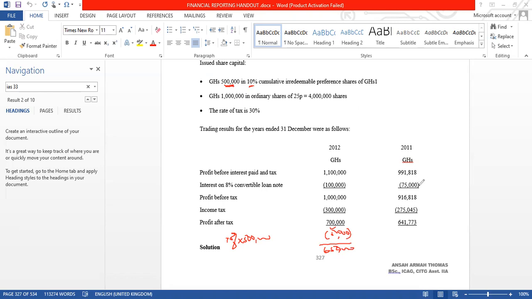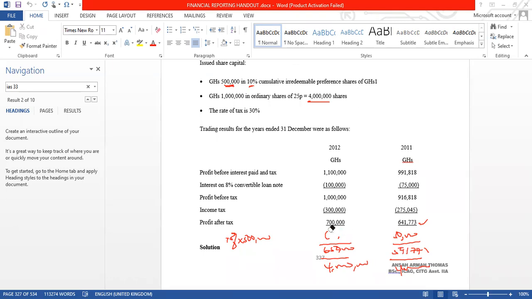The same thing here: you take your profit after tax and you less your irredeemable dividend. So you are somewhere at 59177. That is it. And based on your 4 million shares, you divide by 4 million, and that will give you your basic EPS. It's as simple as that.